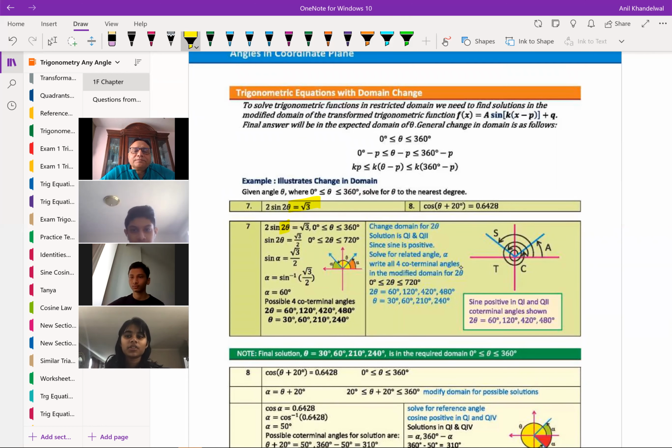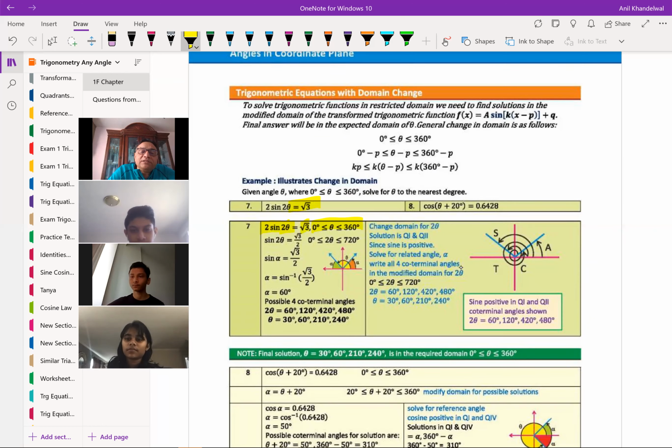Solution is in quadrant 1 and 3 since sine is... Let me read the question once again. In this particular one, we have to solve the equation 2 sine 2 theta equals square root 3. So it is not just theta, it is 2 theta. And the domain is where theta is between 0 and 360 degrees.